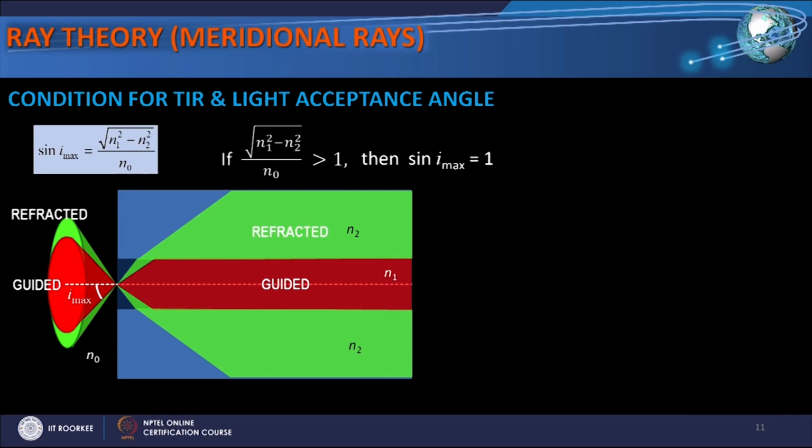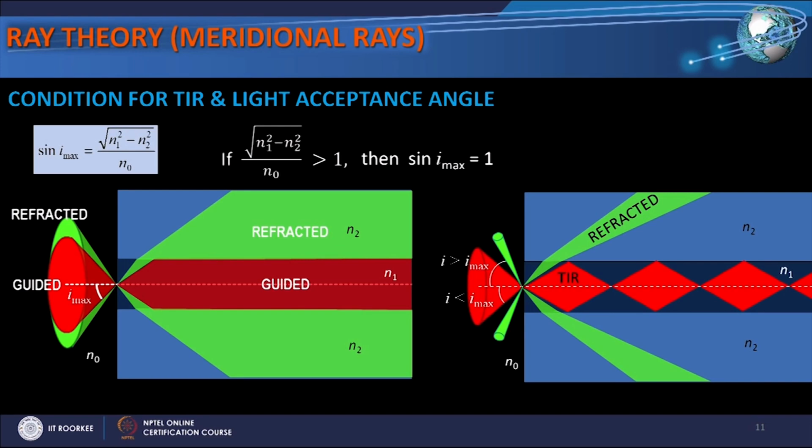I can see it in this way also, that if this cone of light has a semi-vertical angle which is smaller than I max, then this light will be guided through total internal reflection, and if I launch light in this region where the angles are larger than I max, then this light will be refracted and will not be guided through the optical fiber.